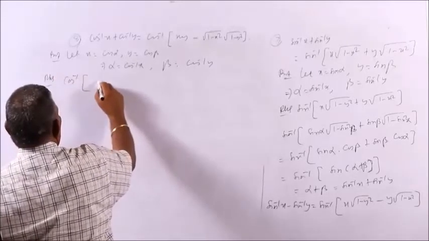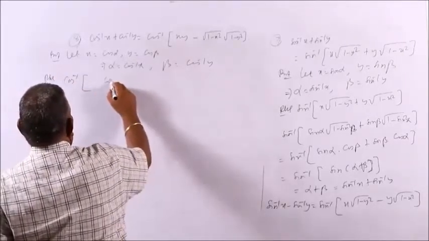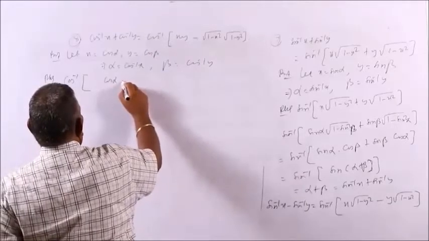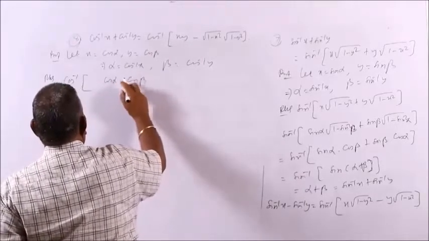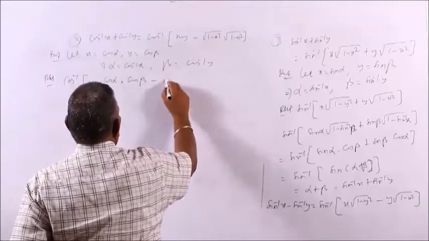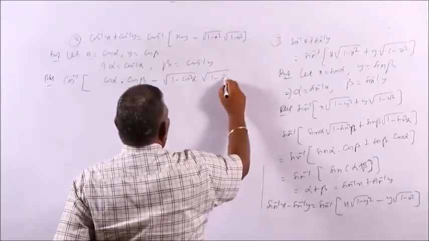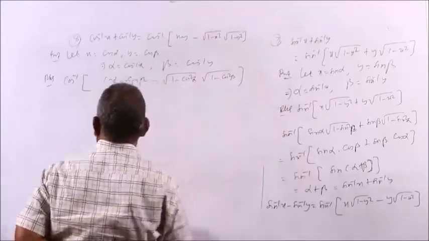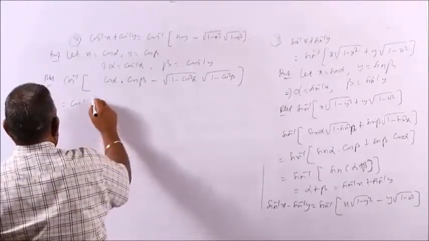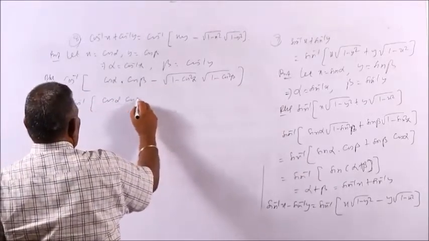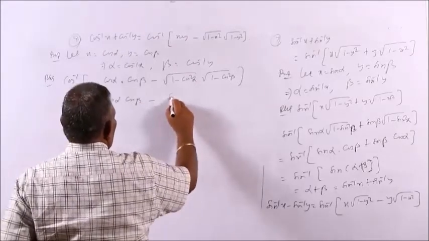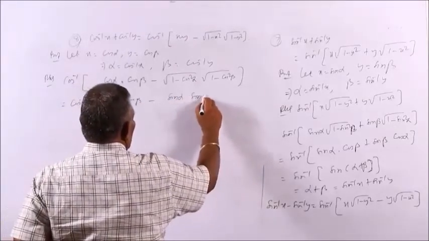Cos inverse, in place of x we can put cos alpha, into cos beta minus root over 1 minus cos square alpha into root over 1 minus cos square beta, that is cos inverse of cos alpha cos beta minus sin alpha into sin beta.